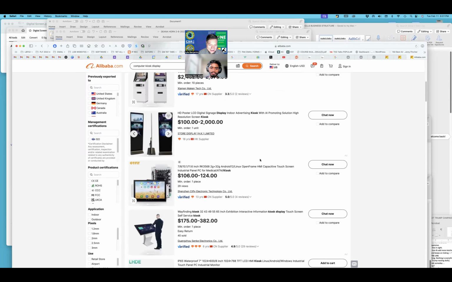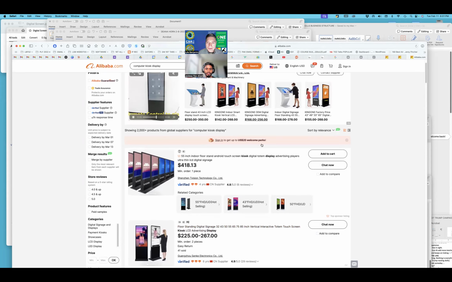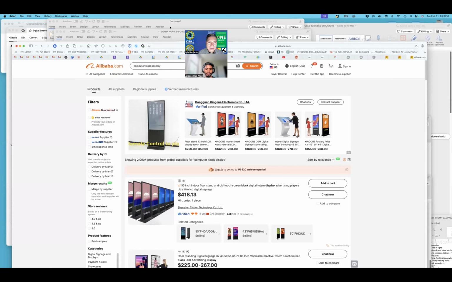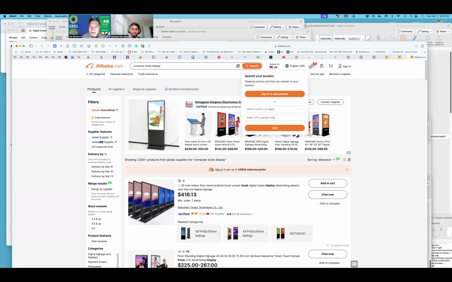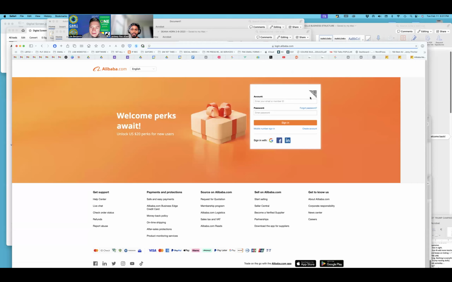This has the kiosks and stuff that I went ahead and searched for, but for some reason, it's not coming up with my ID and account. And I've got like 10 different email accounts, so I'm not sure which one I signed up with. I'll have to go ahead and do more work on that.